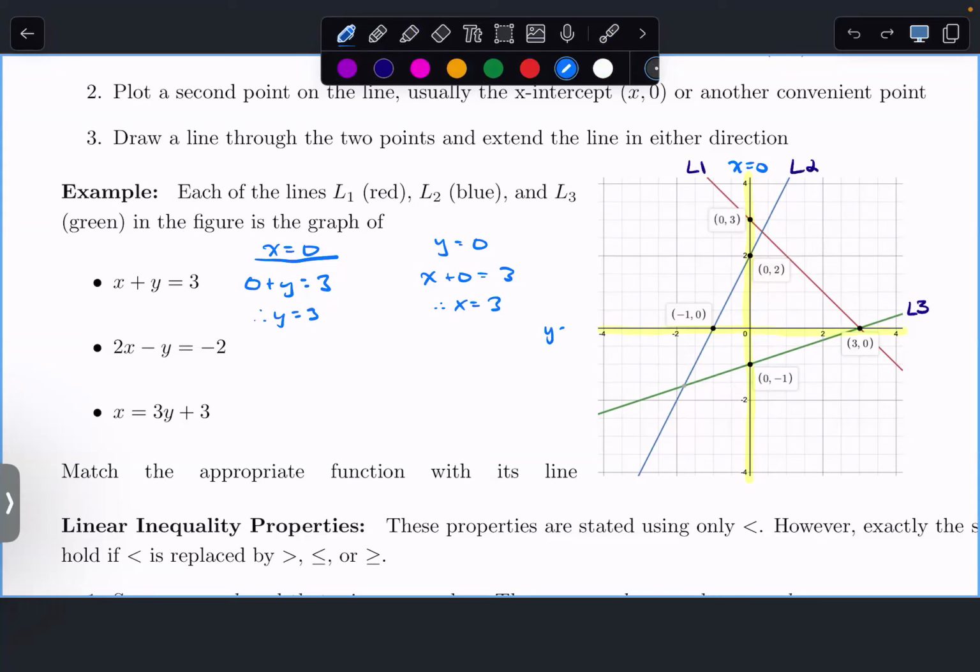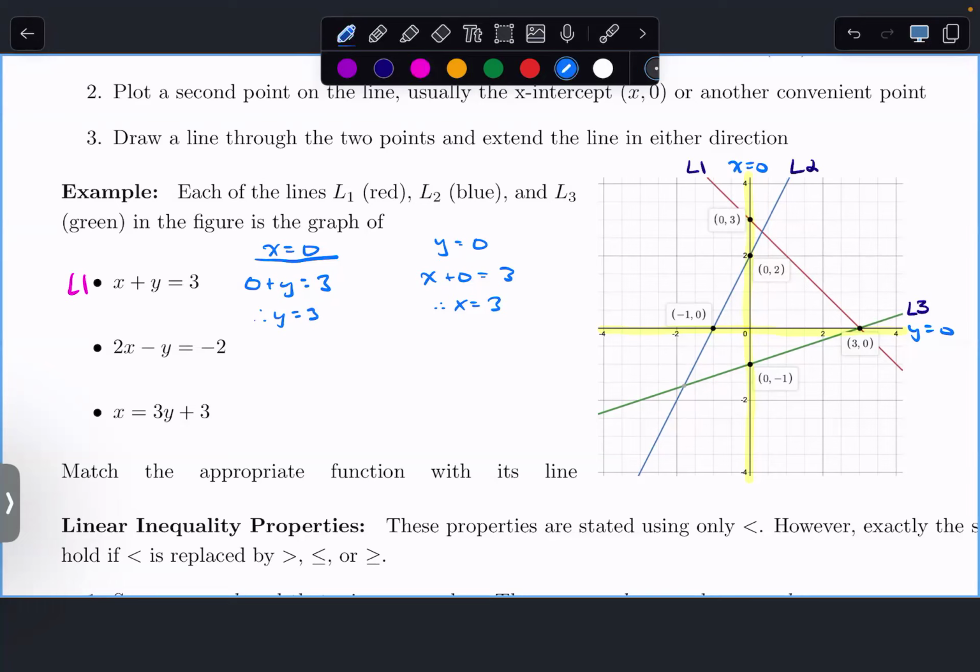I should write it on that side because I need more room on the other side. And so then I'm ready to commit that, okay, that line must be L1, because it has both those points on it, and none of the others do.